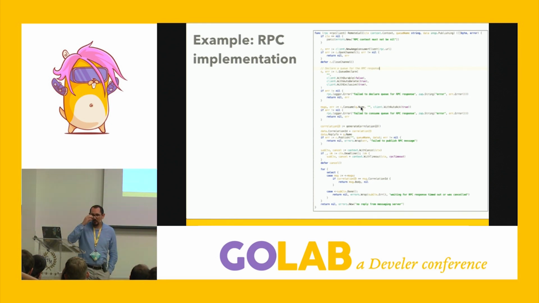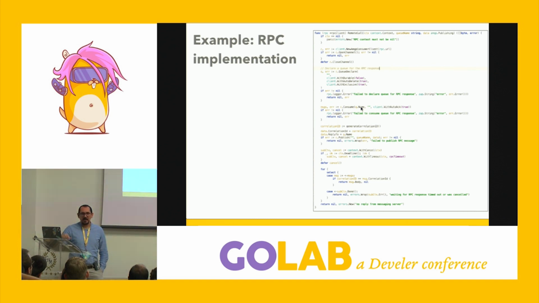Well, this is how RabbitMQ suggests to implement RPC, which is something that they document. So basically what we're doing here, we are declaring an anonymous queue, which will be bound to the default exchange inside RabbitMQ, which every instance must have.